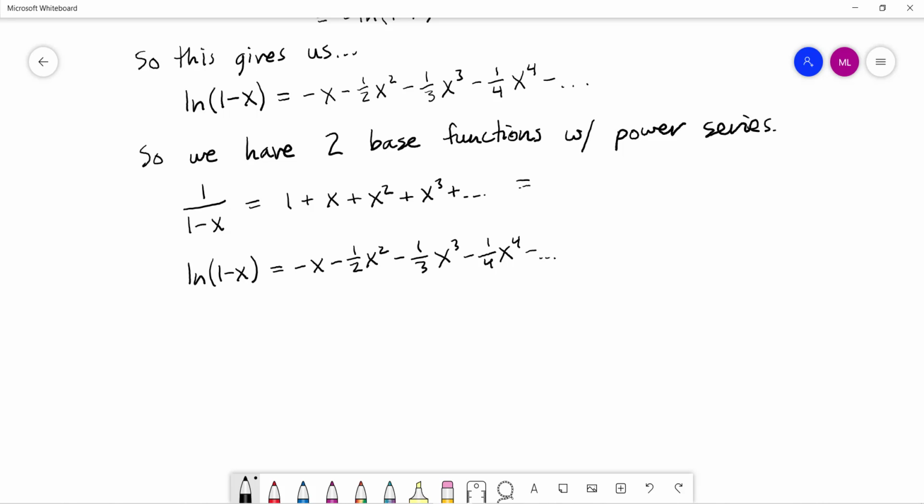And again, if we want to write the closed form versions of these, this is the sum from n equals 0 to infinity of x to the n. And for this one, let's just start it at n equals 1. I think that'll be an easier way to write it. I'm not sure if the book indexes this at 0 or at 1. But notice they all have negative signs.